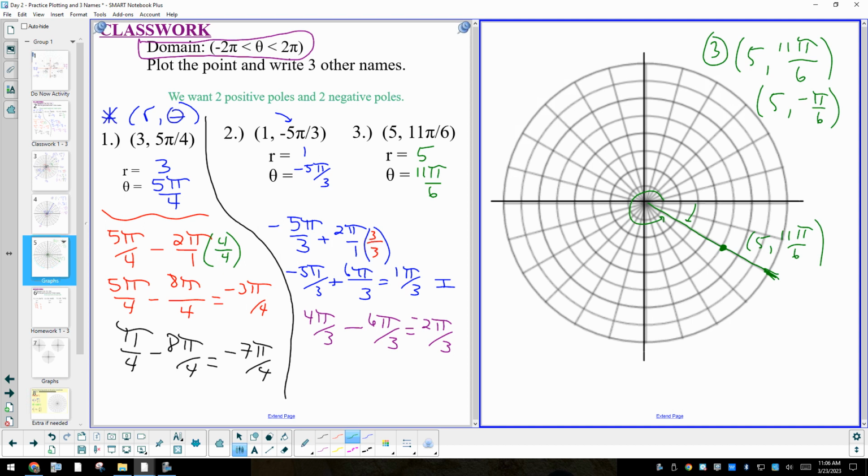Negative pi over 6. You, again, do the math, right? Like, I don't have room over there, but you can do 11 pi over 6 minus 2 pi. I'm just showing it for the fans. Right? You times them by 6. You're going to get that 11 pi over 6 minus 12 pi over 6. And you'll see that that's negative 1, right?